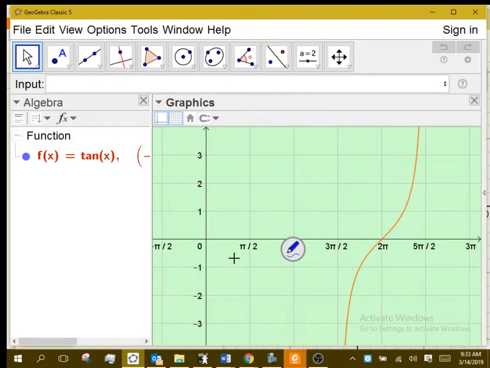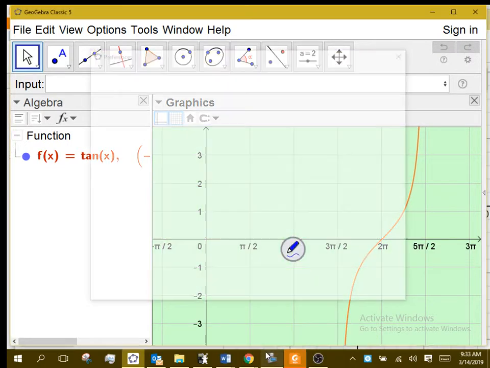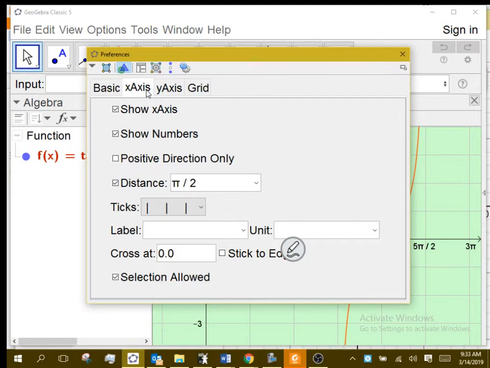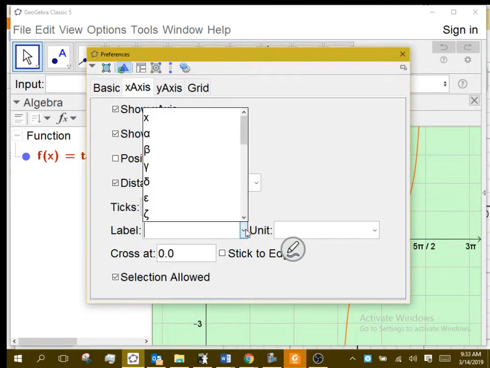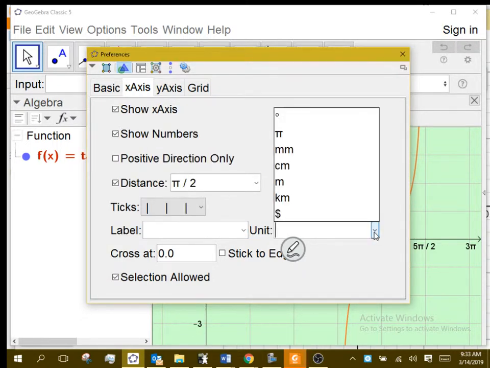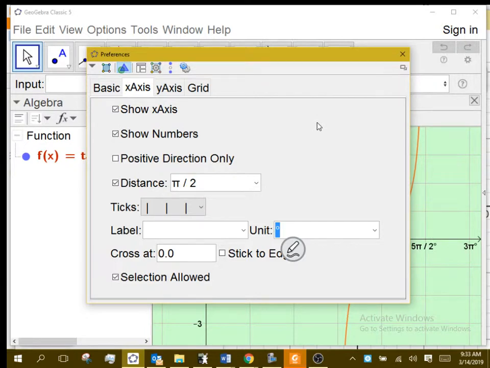If we were to put, let's see here, I don't know if I can do this. The x-axis, yeah, it doesn't make sense. Let's see here, 2 pi. I don't think I can change it.